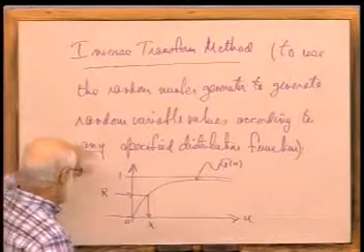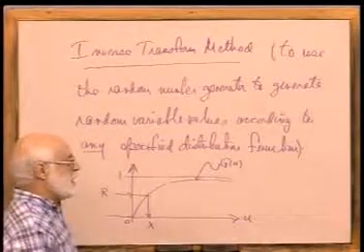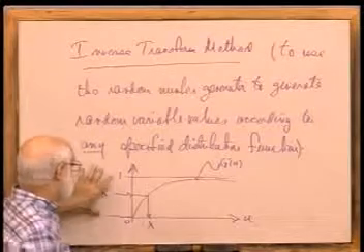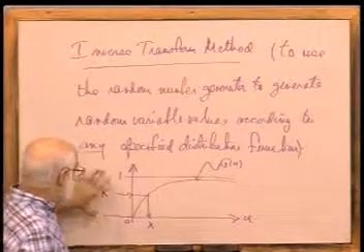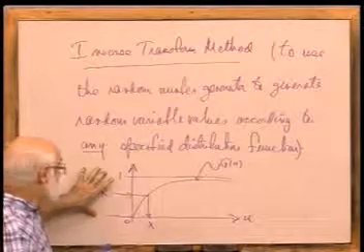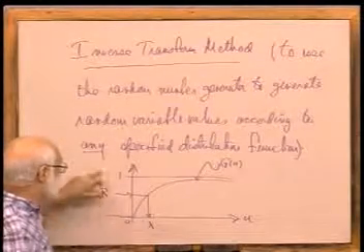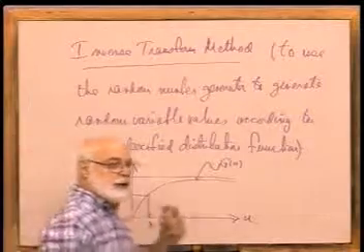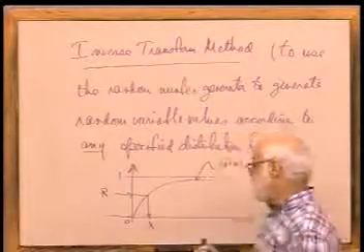So what does it say? It says, ask the computer to give you a random number between 0 and 1. So that's supposedly uniformly distributed. That's what the computer is supposed to do. So the random number generator generates numbers that are uniform between 0 and 1. You already used that when you generated birthdays.